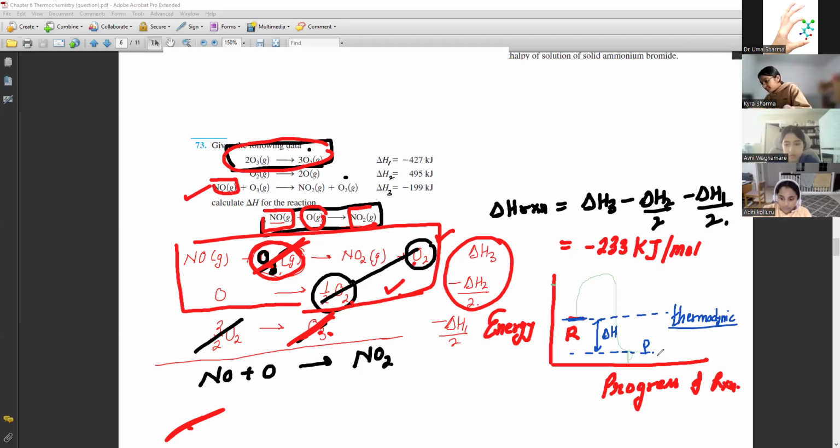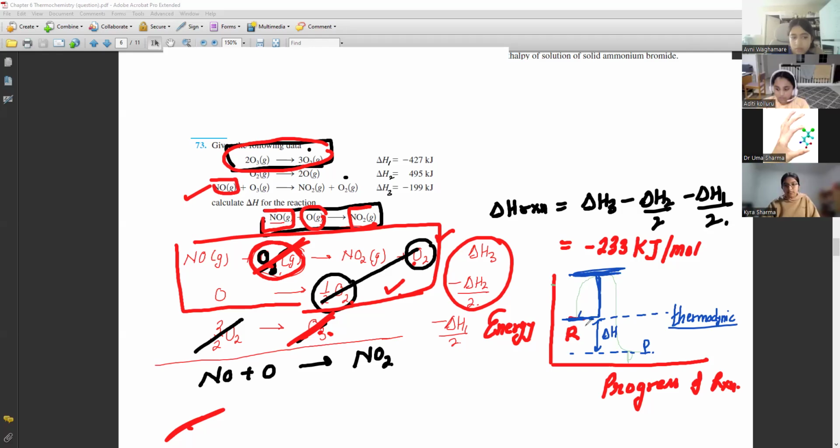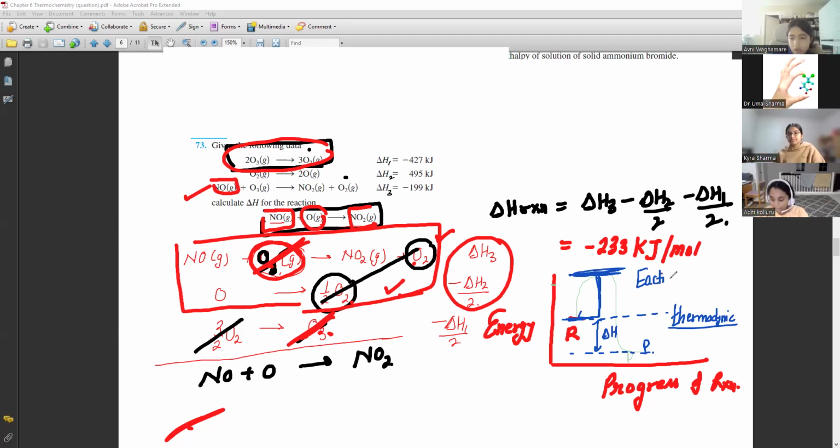So please understand these energy profiles. Every time we do some reaction, we'll calculate delta H of the reaction and make the energy profile. What is this energy called? Avni, is it the activation energy? Yes, activation energy, EA. Aditi, what was your answer?